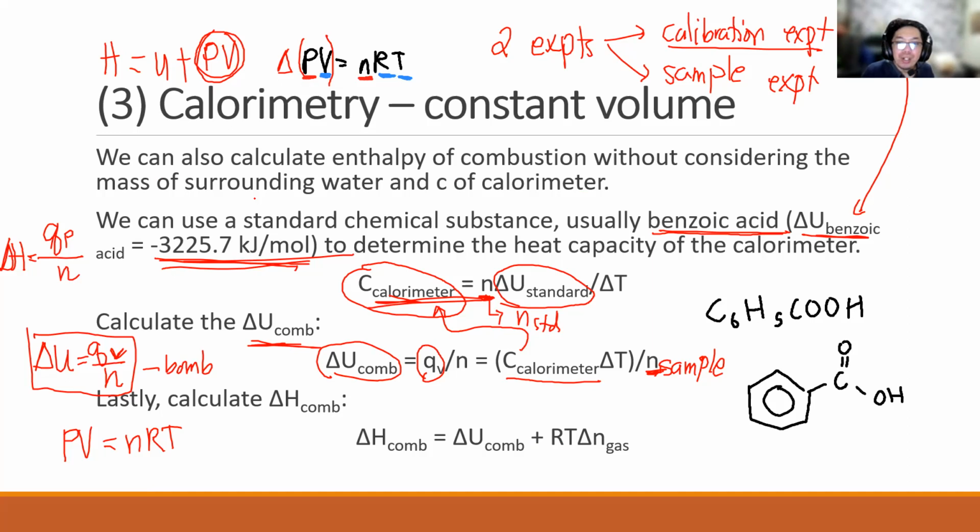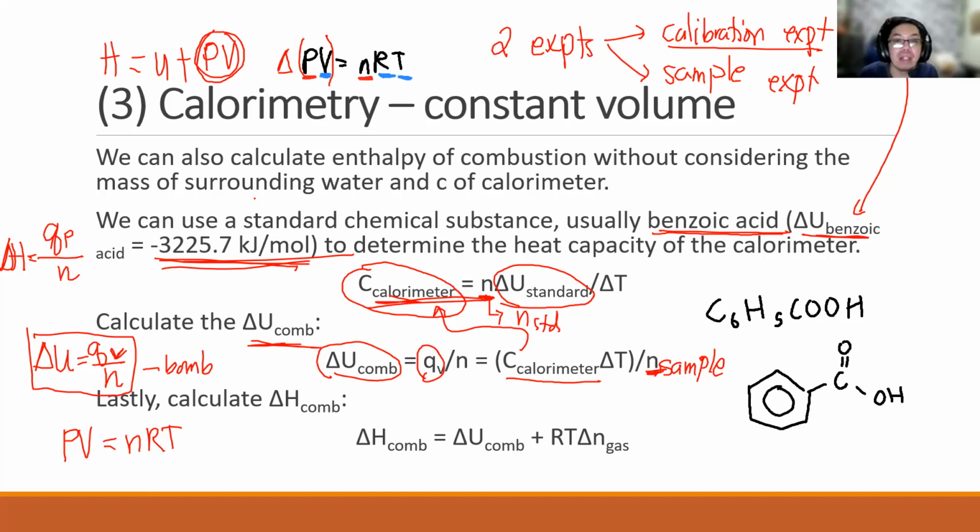Very good. Which R will you use here, Josh? The one with joule. 8.3145 joule per Kelvin mole, or mole Kelvin. So make sure your temperature, Josh, is in Kelvin first. Okay.